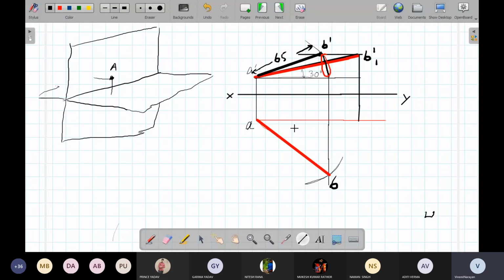Then you have to draw an arc of this length. Take this length in the compass and draw an arc, a big arc, something like this.